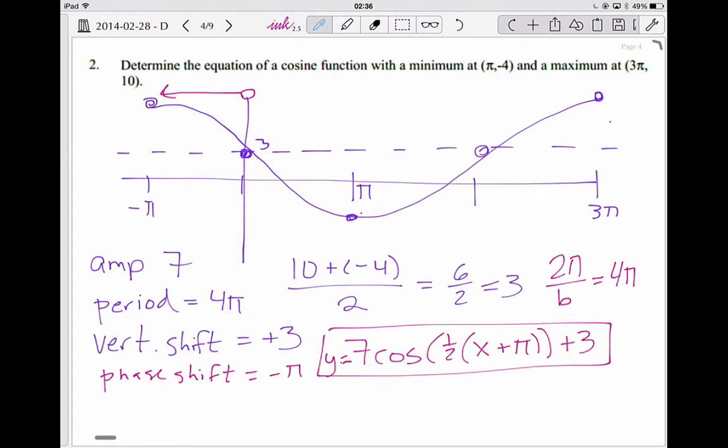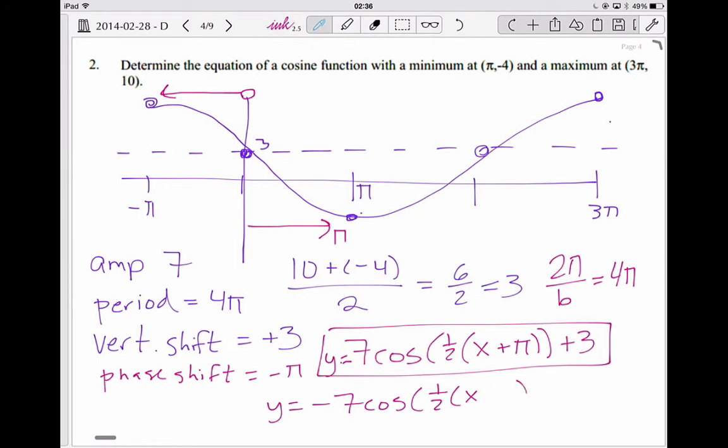Now, instead of having a phase shift of -pi, maybe I flipped it vertically and then I scooted it to the right pi. So then I would have y equals -7 to get that vertical flip, cosine of the period still the same, so 1/2 x.